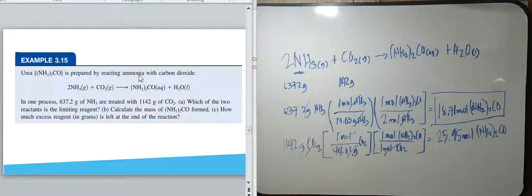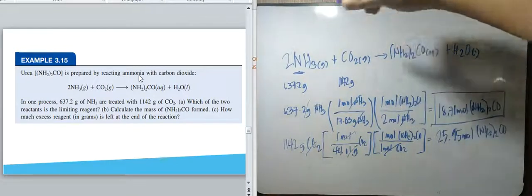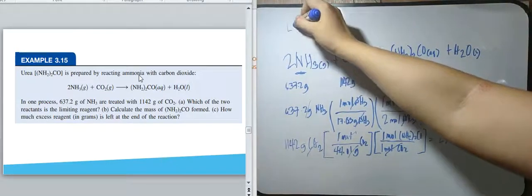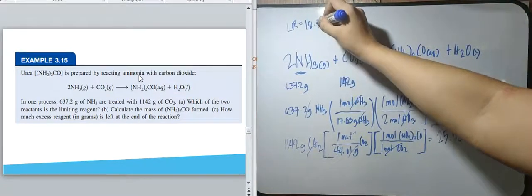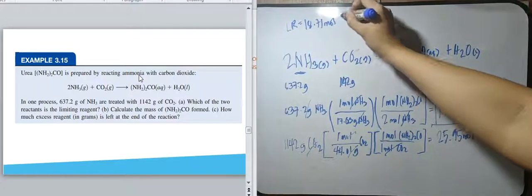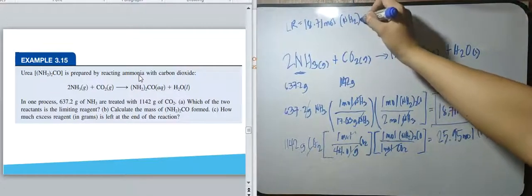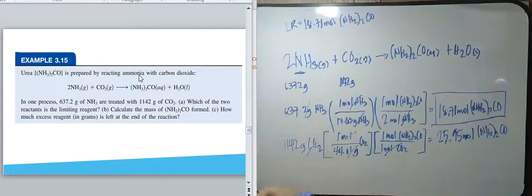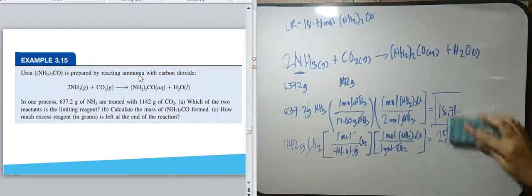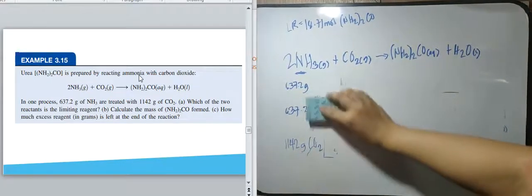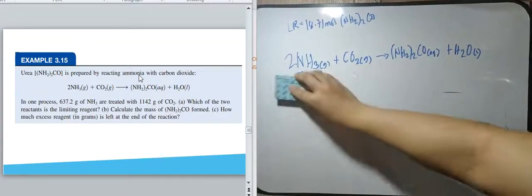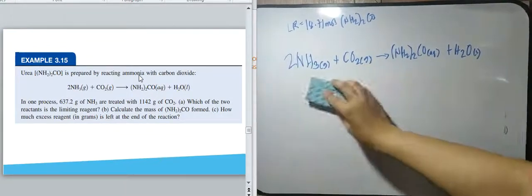Okay. Since we already know the limiting reagent, let us take note of this one. The limiting reagent gives 18.71 moles H2NCONH2. We will use this to calculate how much urea is produced.